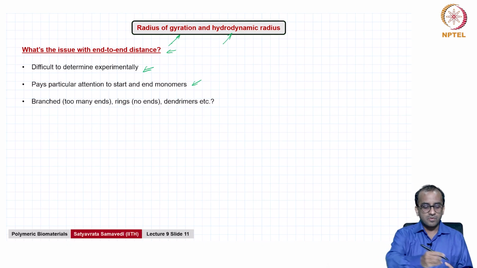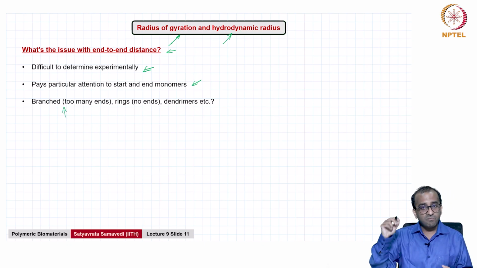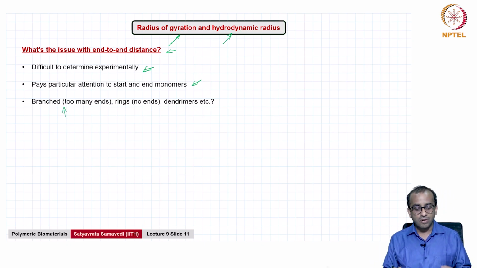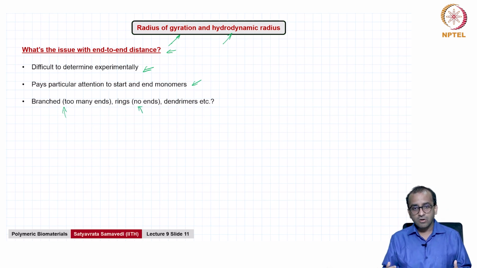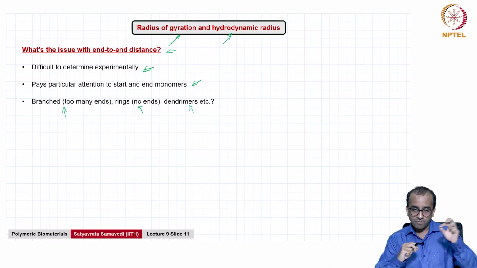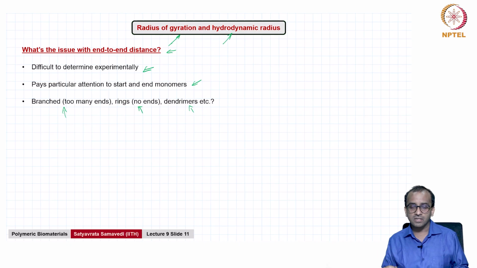But if you have branches where you have many dangling ends, or you have rings where there are no ends, or if you have dendrimer like structures which are more complex molecules where you can't think of one end to another in the classical sense, defining a root mean square end-to-end distance becomes very complicated.